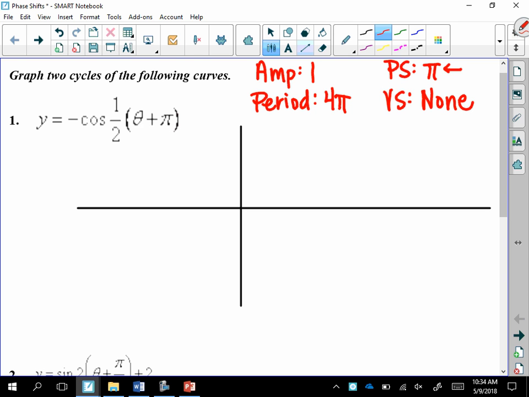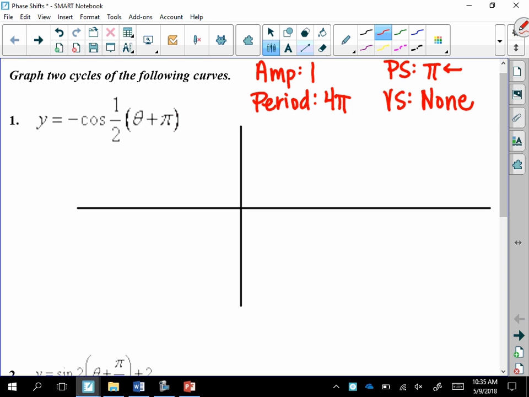So we know that if we were going to graph this, based on the parent function, we would have an amplitude of 1, so that means to go up to 1 and down to -1. The parent function usually goes from 0 to 2 pi for one cycle, but this one goes from 0 to 4 pi. It's a cosine function, so where does it cross the y-axis?